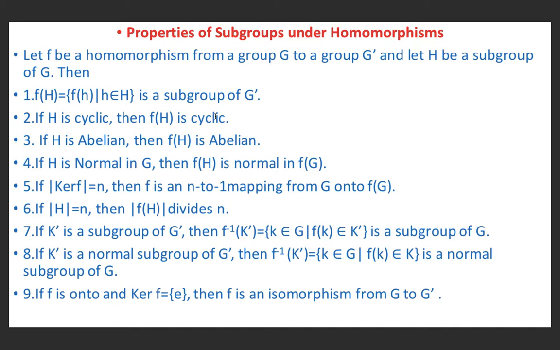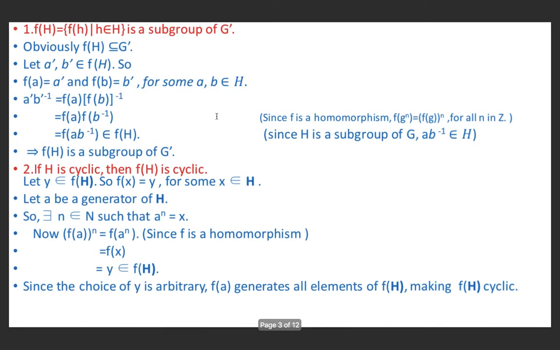Now we will prove these properties one by one. So first, the set f(H), which consists of elements of the form f(h) where h belongs to H, is a subgroup of G'. To prove any set to be a subgroup of G, it is sufficient to prove that a b inverse belongs to the set, if a and b are elements of the set, and the set is contained in the group.